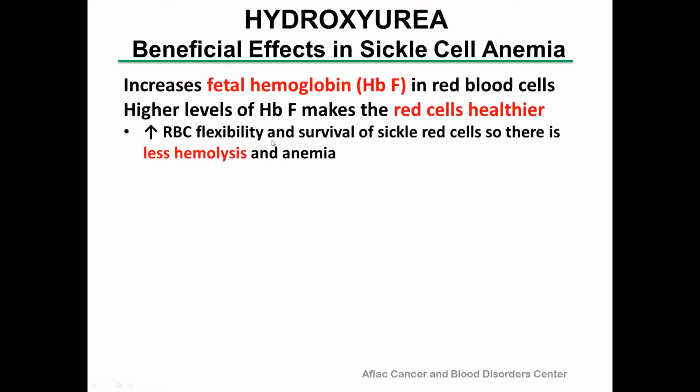So the bottom line, jumping ahead, and this is what Dr. Ekman reviewed in great detail last week, is that hydroxyurea does have beneficial effects in individuals with sickle cell anemia.